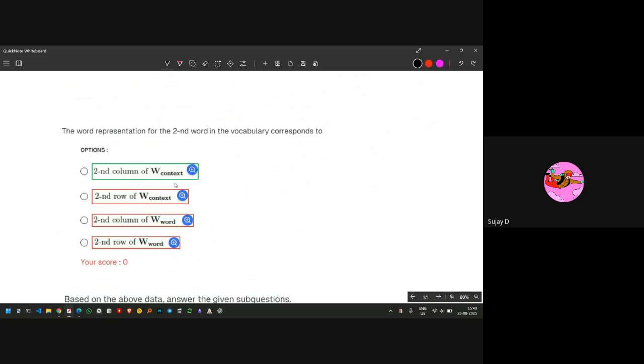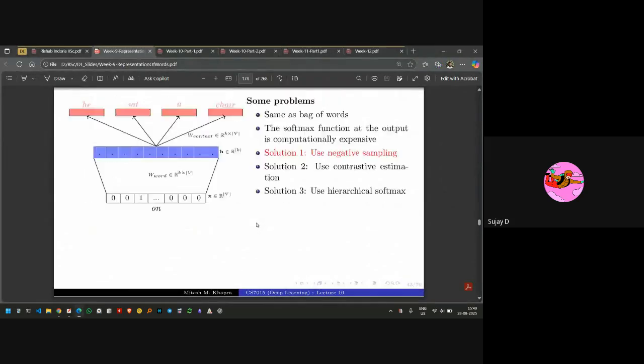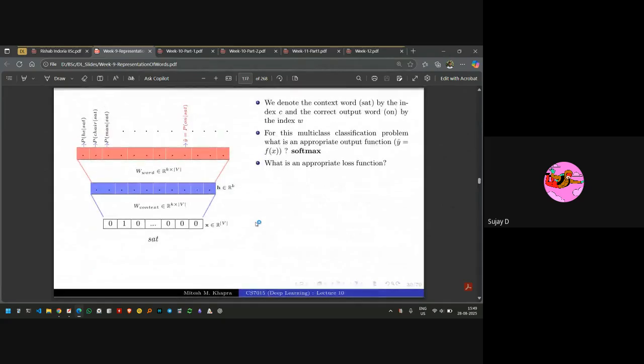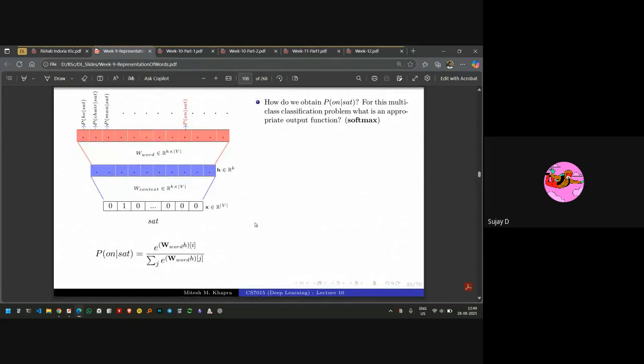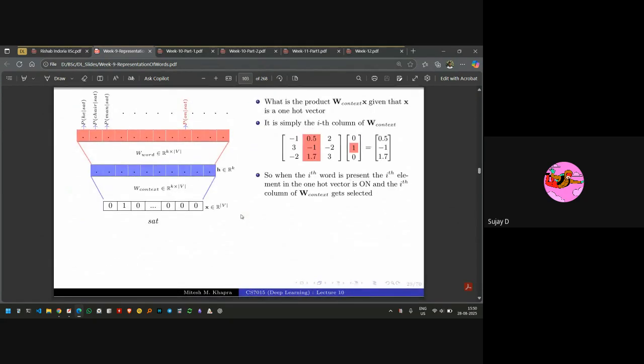Why is this so? Because it's one hot encoding. So when we multiply with the one hot vector, the ith column of W context is one to one corresponding with the word.